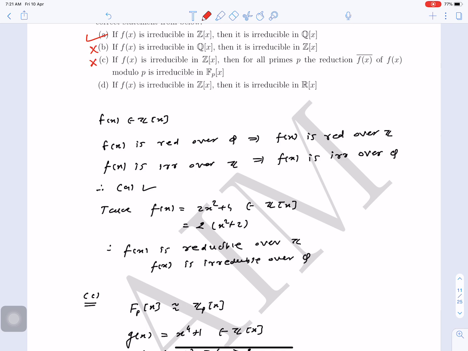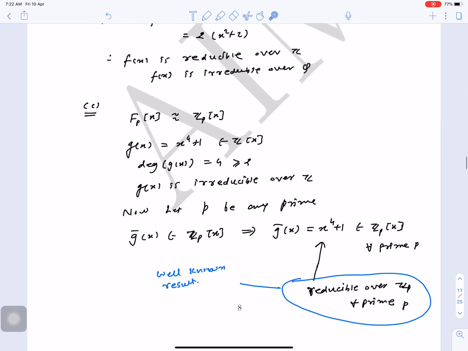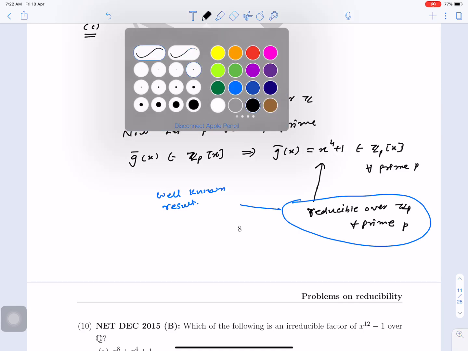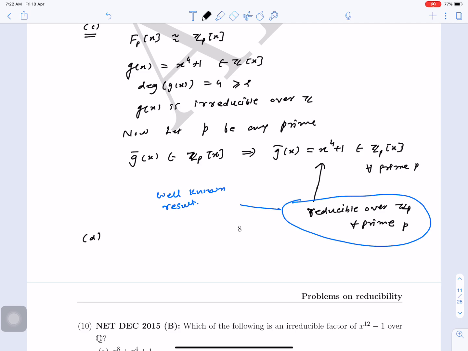Now option D says that if f(x) is irreducible in Z[x], then it is irreducible in R[x]. It is very simple. Take f(x) = x^2 - 2, which belongs to Z[x].